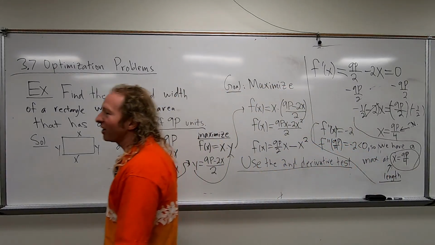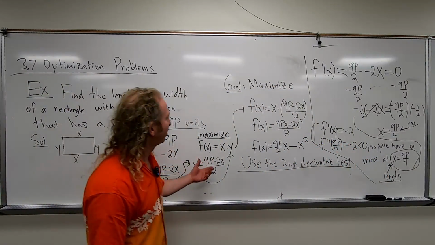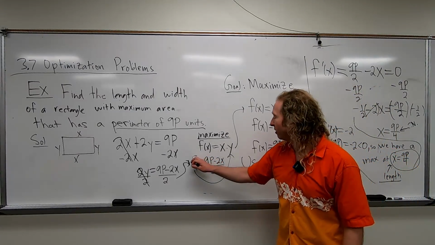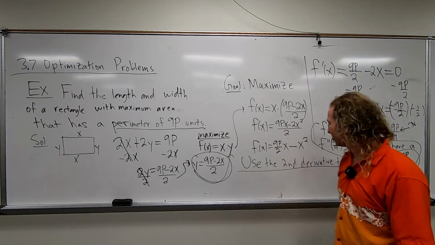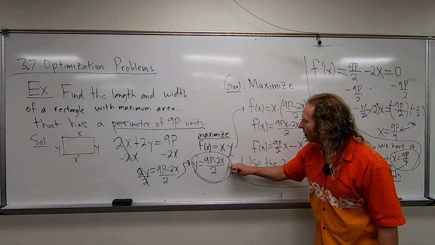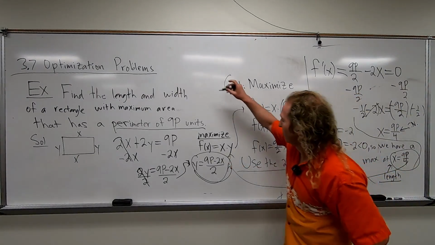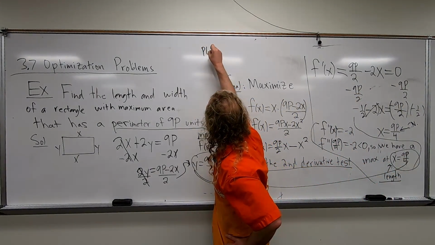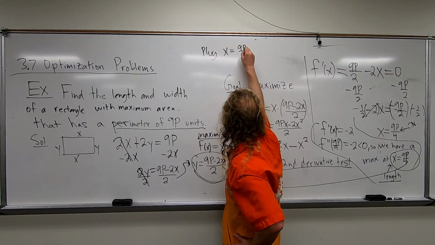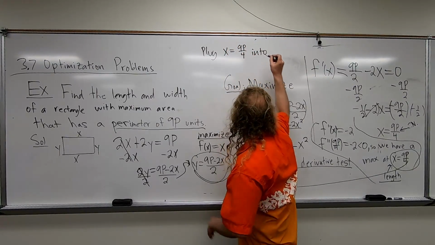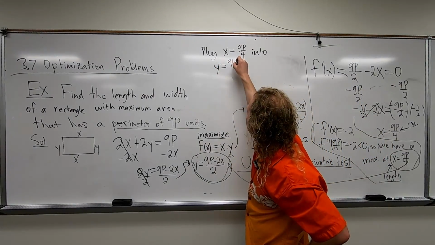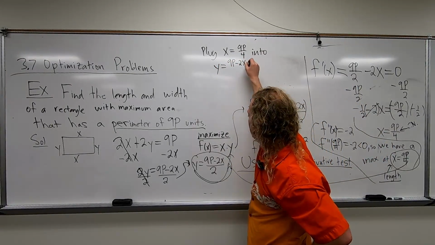To find the length, we have to take the x and plug it in somewhere. I'm guessing we can plug it in here, right? So let's plug x equals 9p over 4 into this, y equals (9p minus 2x) over 2.